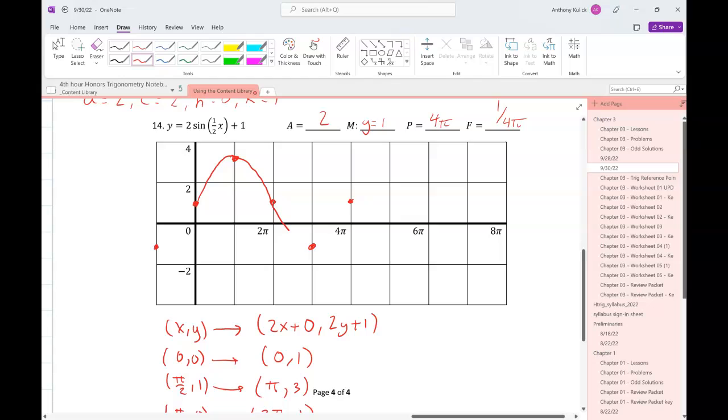So maybe I'll draw that through. So there's my extended. Does that feel okay?